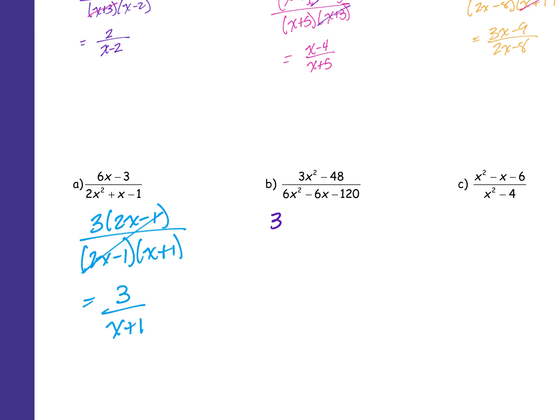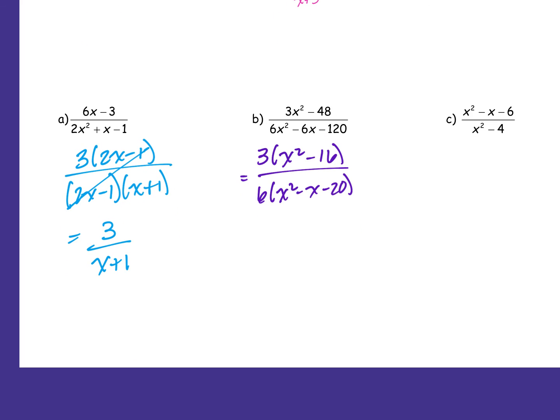And then I've 16 x squared minus x minus 20. Over 6 times x 5 plus 4.